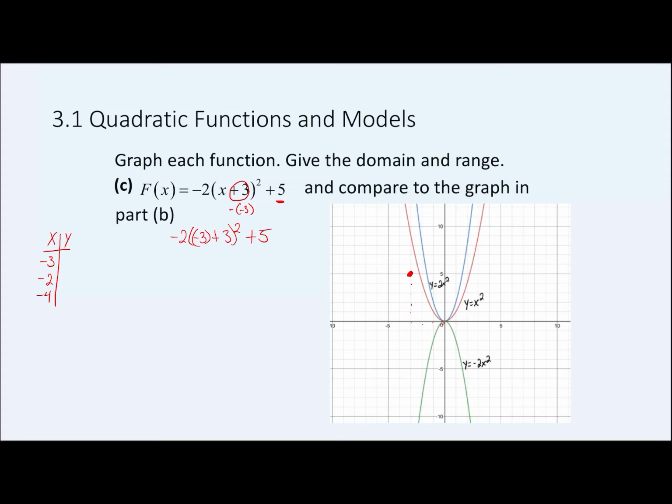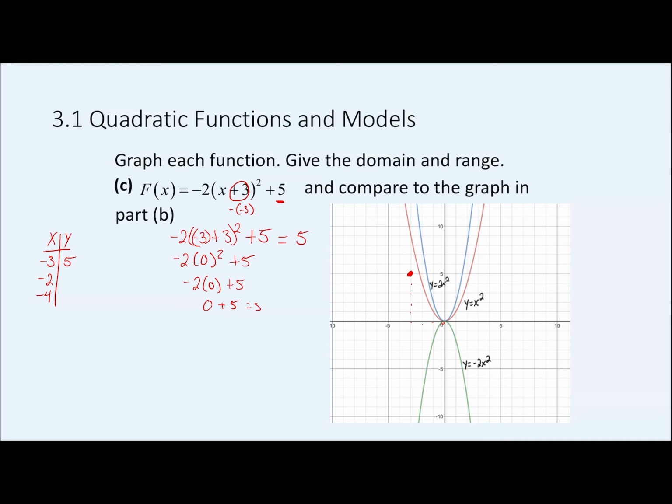So if we take the -3 and we put it in, it's going to look like this. Just simplify that. -3 plus 3 is 0. 0 squared is 0. 0 times -2 is 0.